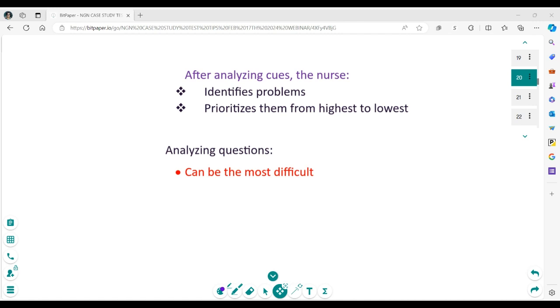And analyzing cues, what you're doing is you're observing and you're assessing. You've already kind of recognized the observations and assessments in recognizing the cues, but now you need to analyze what you saw, what you looked, listened, felt. You want to analyze your assessment. Are there any concerns? Does the patient have any issues related to the assessment?